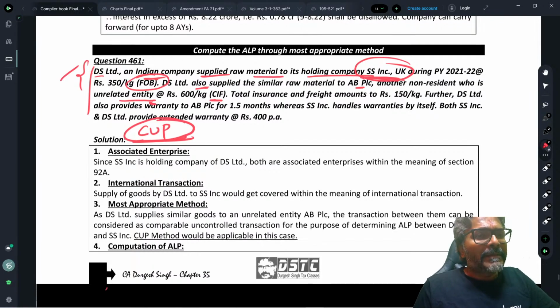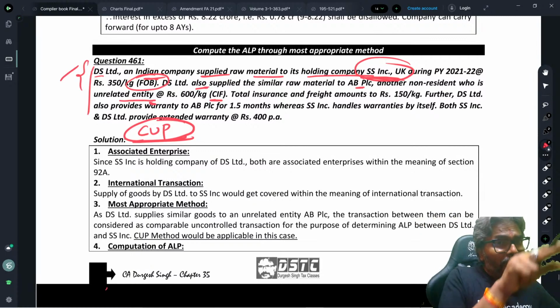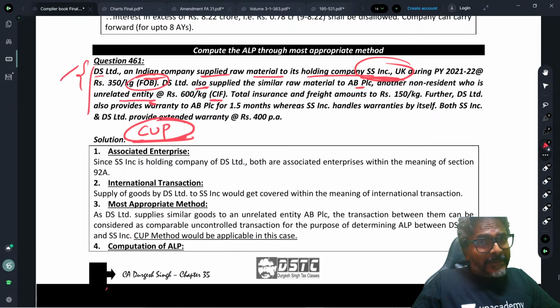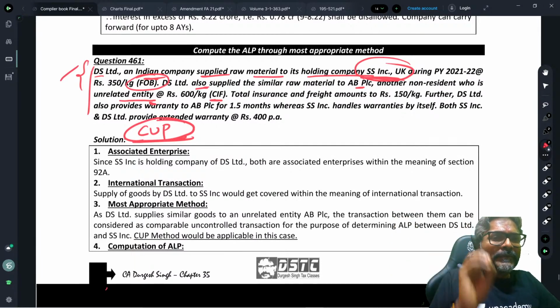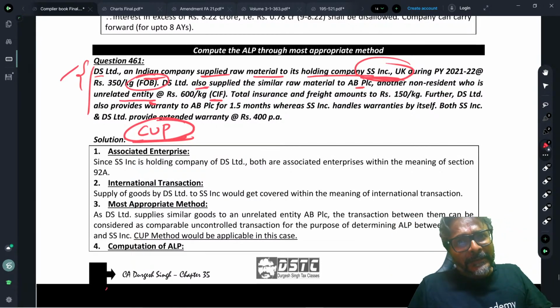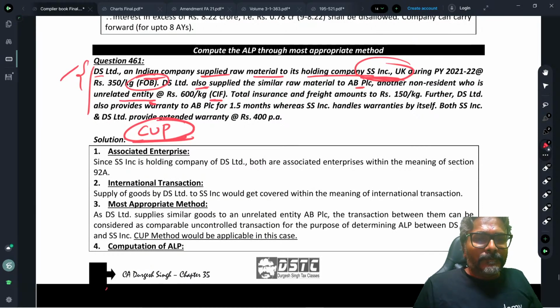Even the comparable transaction, students, should also be at FOB. So you need to align the price charged in the comparable transaction with the factors which are there in the international transaction.